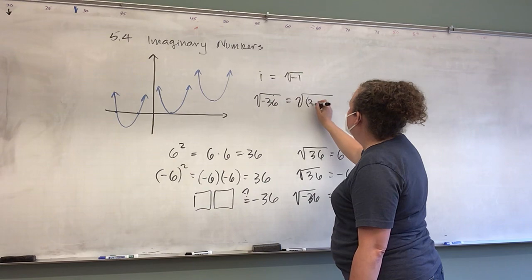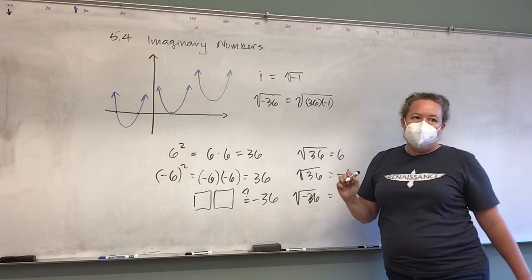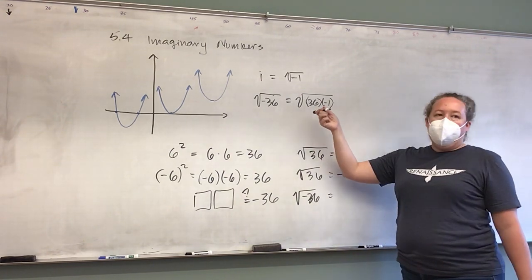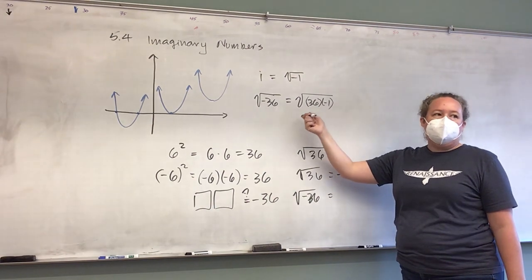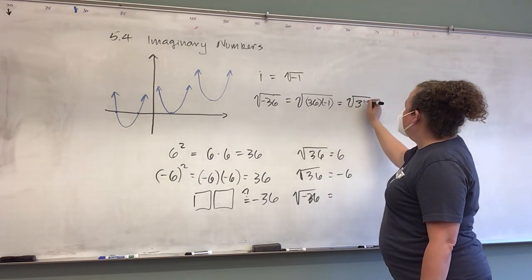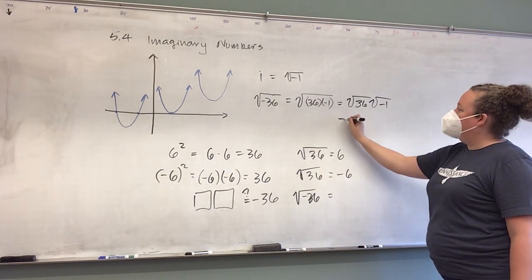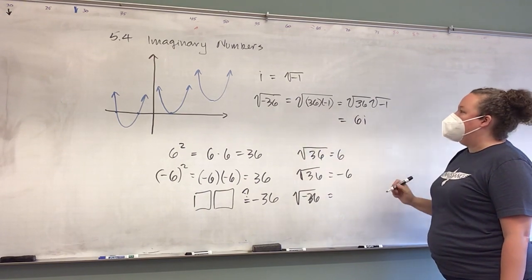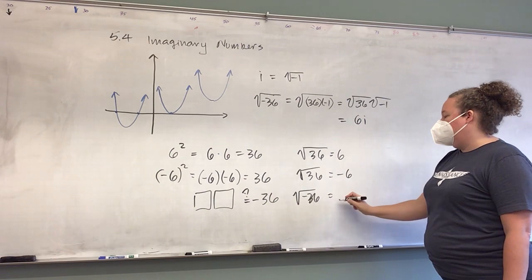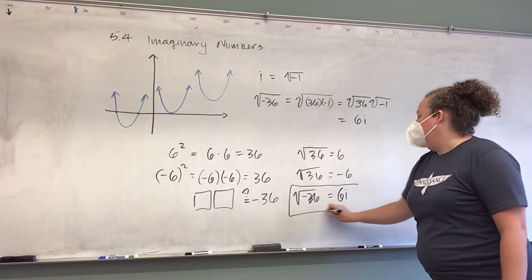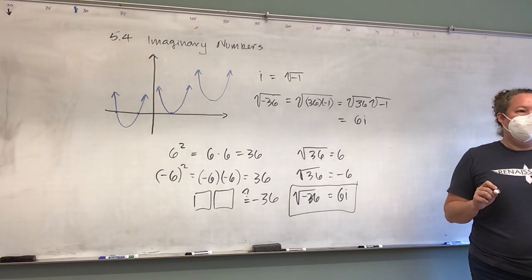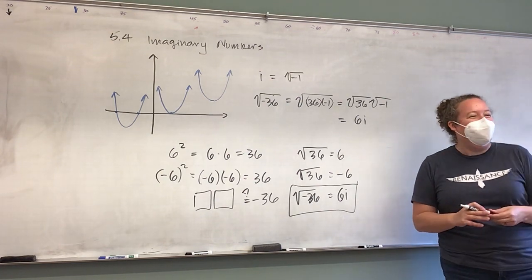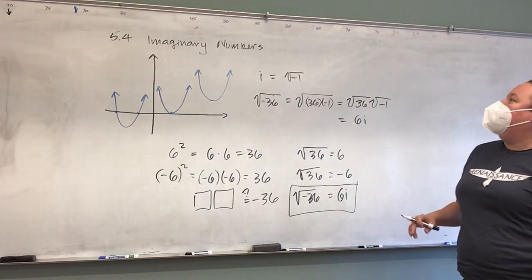This is the square root of 36 times negative 1, because negative 36 is 36 times negative 1. And if we have the root of a product, we can take the product of the roots. So we can rewrite this as the square root of 36 times the square root of negative 1. The square root of 36 is 6, the square root of negative 1 is i. So the square root of negative 36 is 6i.